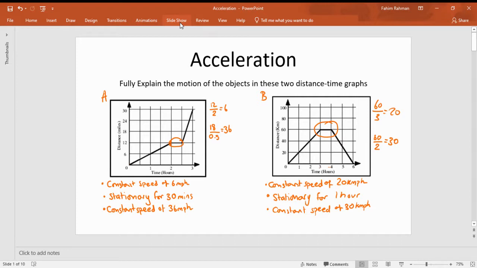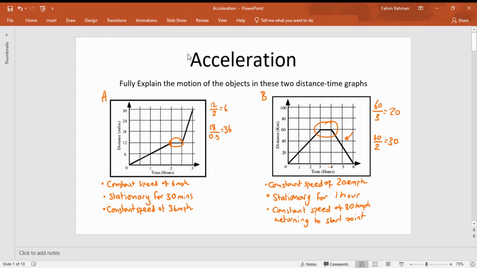Now, the other thing we notice about this graph on B is that this gradient is downwards, so we are returning to the start point. Okay.